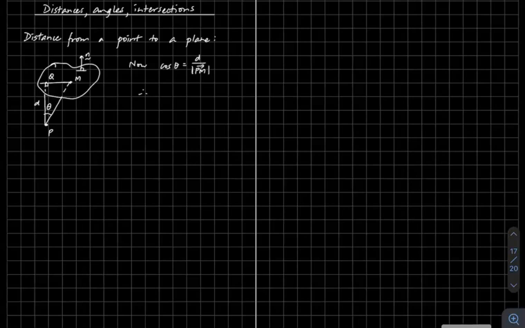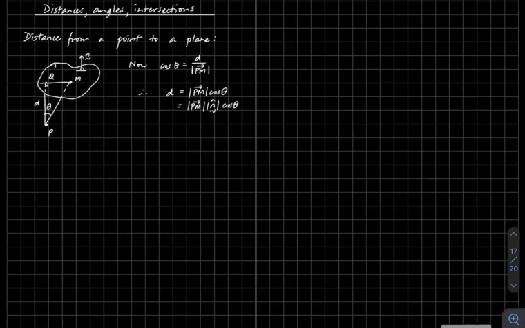And so rearranging that to make D the subject, we could say D is going to be equal to the magnitude of PM cos theta. Now, it'll appear like we're making this a little bit more complex, but let's actually add into that another magnitude, and that's the magnitude of a unit vector in the direction of N.